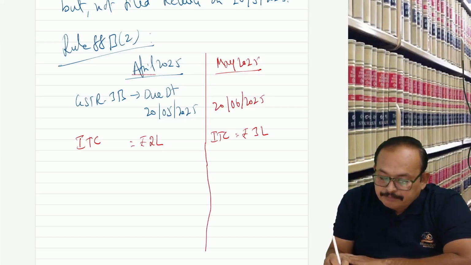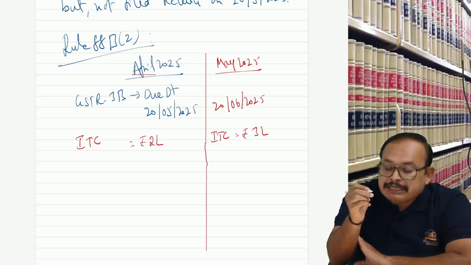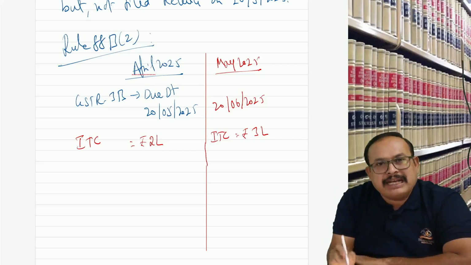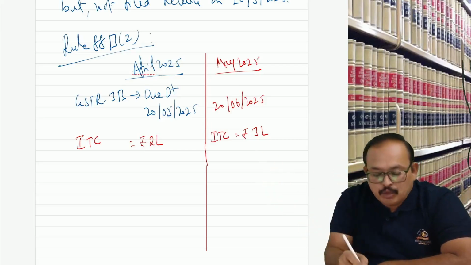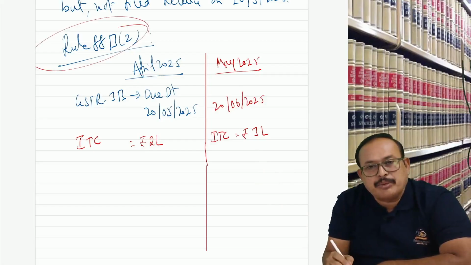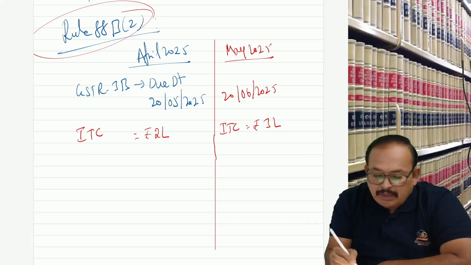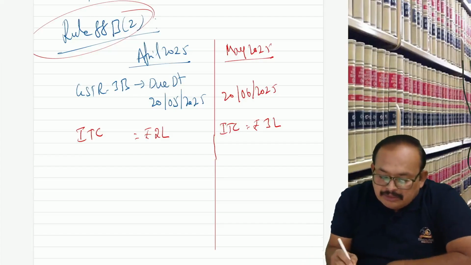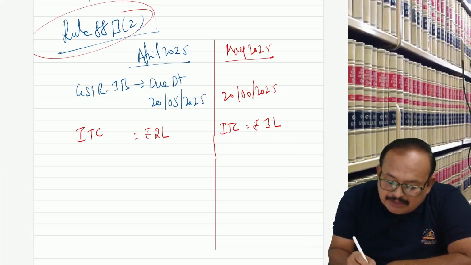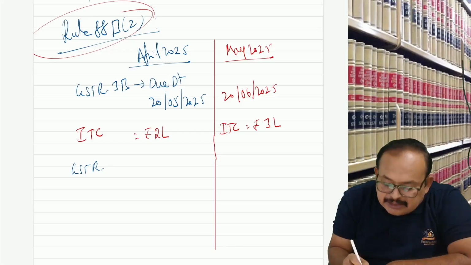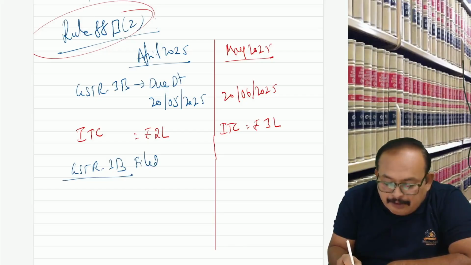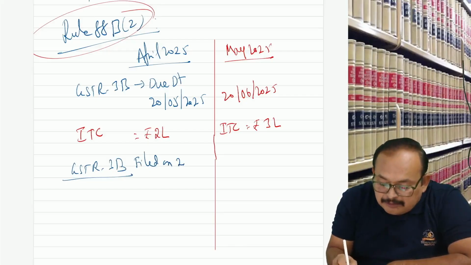Now, be careful, listen, you won't forget forever. As long as the provision is there, so long you won't forget rule number 88 capital B sub number 2. Only thing is to understand. Now, this return, due date GSTR 3B, filed on 20th May 2025.